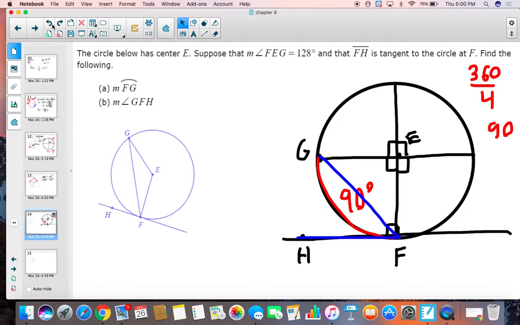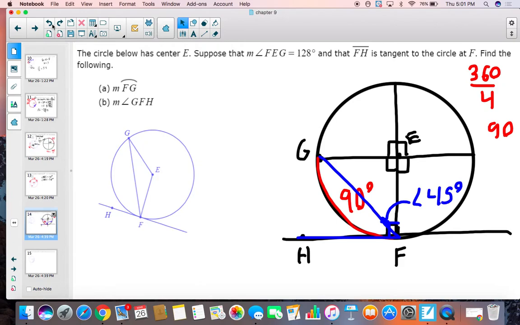When I draw in that angle there, what do we think is happening to this 90 degrees down at the bottom? Yeah, it's being bisected, or cut in half. So this angle GFH is equal to 45 degrees.